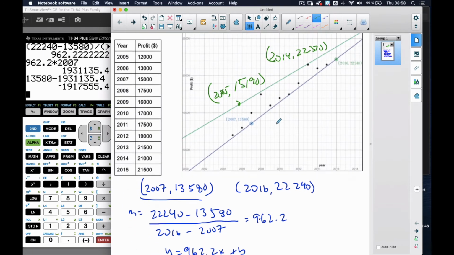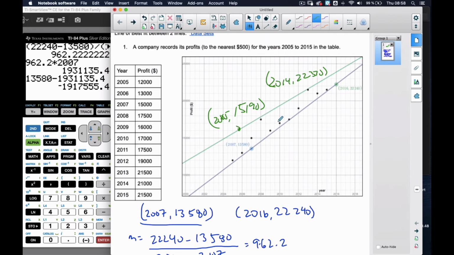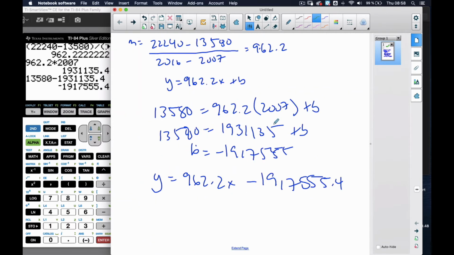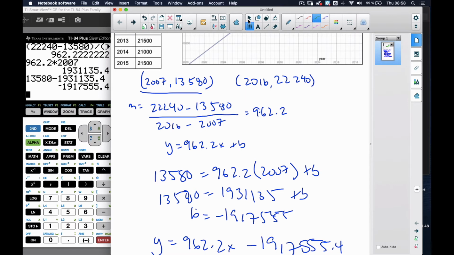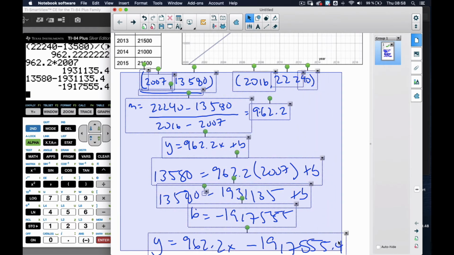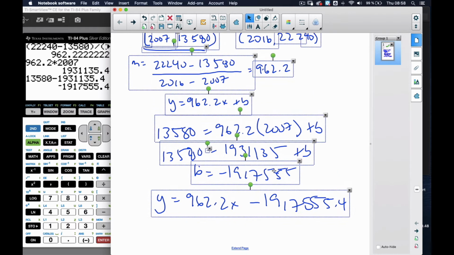Then we're going to calculate the slope of those two points. Let me take this and move it all down.